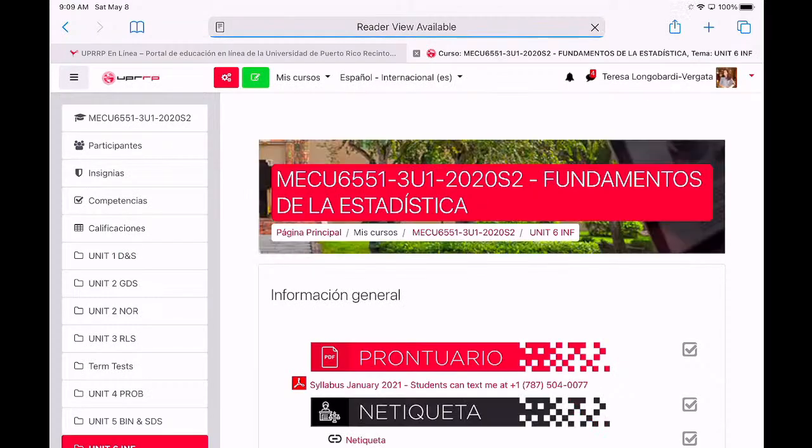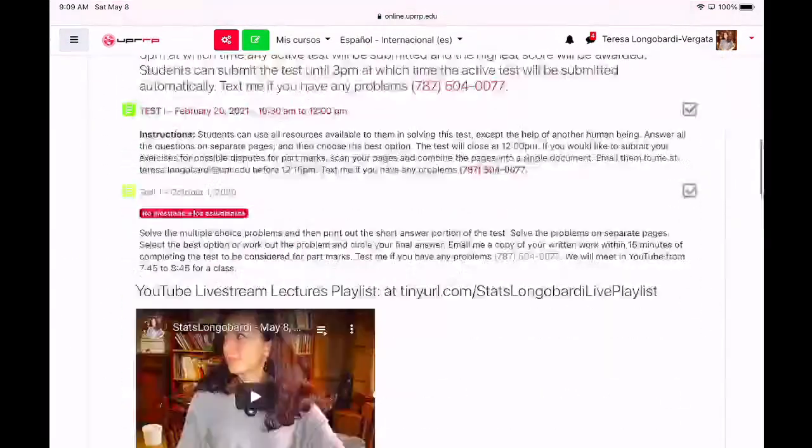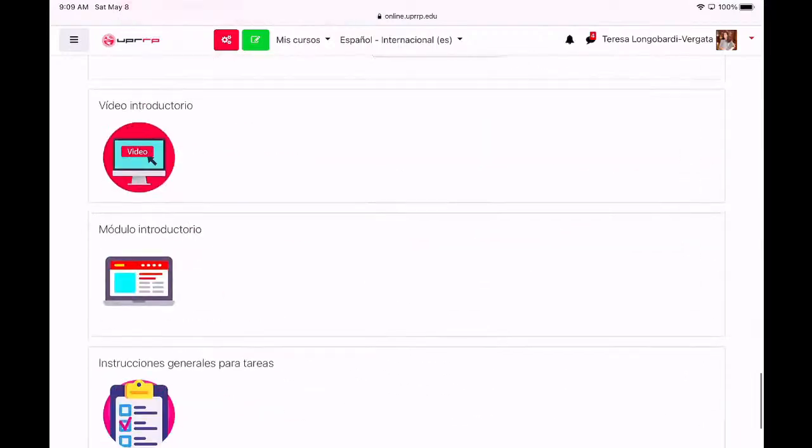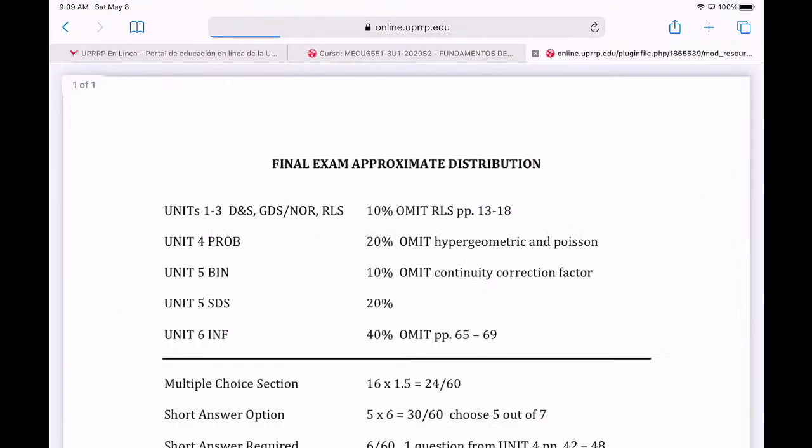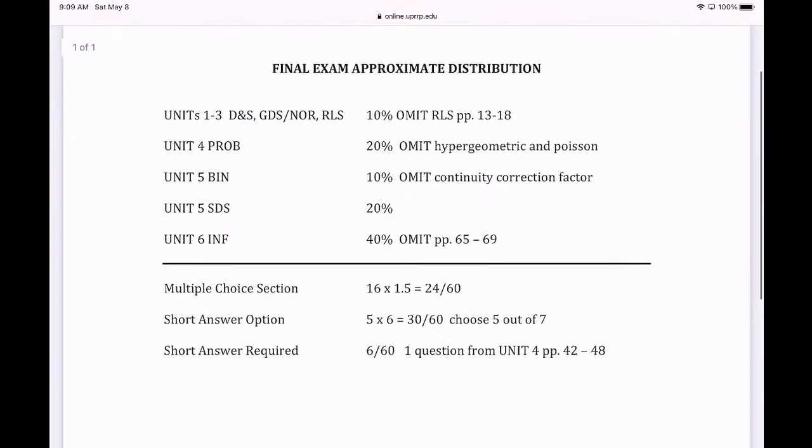So in Moodle, under the section Final Exam Review, you have the review problems, practice problems, and then I have here the final exam distribution, and that's what you need to focus on.